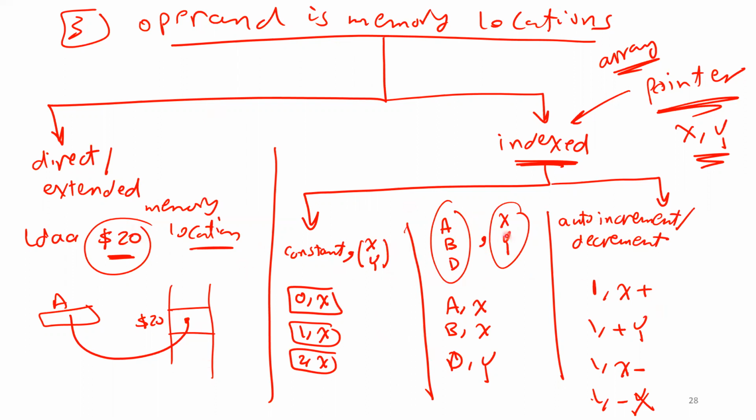Okay. The third one we have here, we call it auto increment or auto decrement. So it looks like something like that. You have a number here, comma X, number comma Y. So it's like this one. Yes, it is like this one, number comma X. However, the difference between this one and this one, you have here plus or minus before or after X. So this one is exactly like this one.